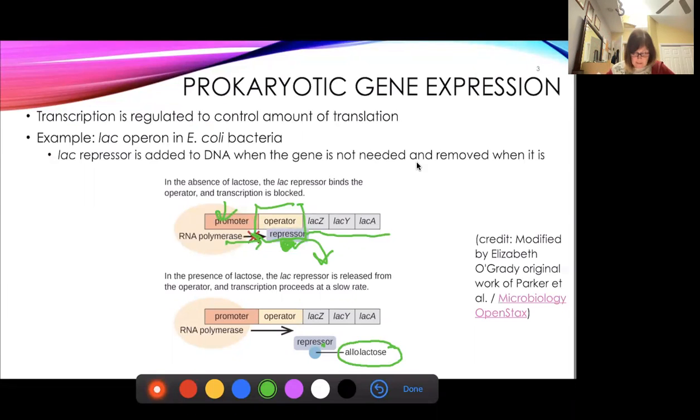And so once that falls off, now our RNA polymerase can continue to make the protein lactase, which will break down the lactose. Once the lactose is broken down, guess what? Our repressor will go back and bind because we'll have broken down the lactose. And so that is what we would call an inducible gene, in that we could turn it on. It is repressed unless we turn it on.